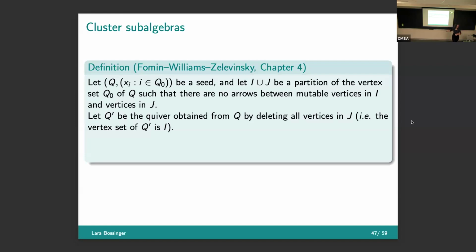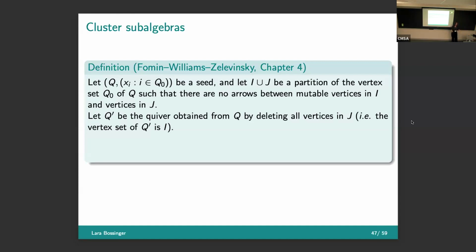Lots of words, but I promise the intuition is quite natural because you've already been exposed a bit to the combinatorics. So what do I do here? I start with some seed for some cluster algebra, and I partition the vertex set of the quiver, so I partition the set of cluster variables.